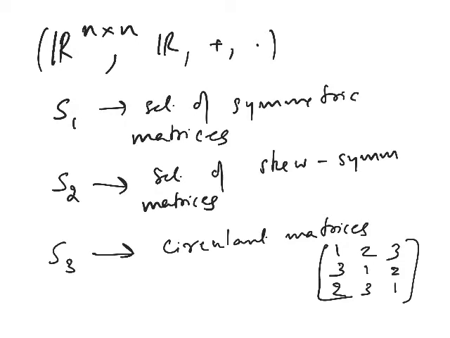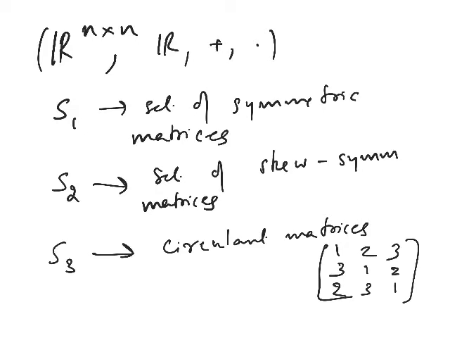And S3 is the set of all circulant matrices. What you have to check is whether these subsets are subspaces. Check whether the set of all symmetric matrices is a subspace of R n cross n. If it is a subspace, I want the dimension.